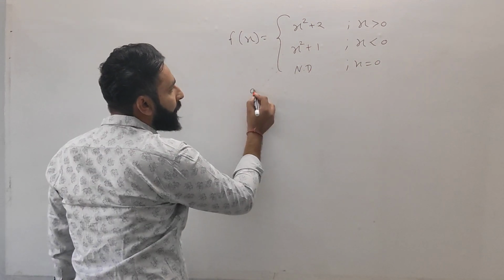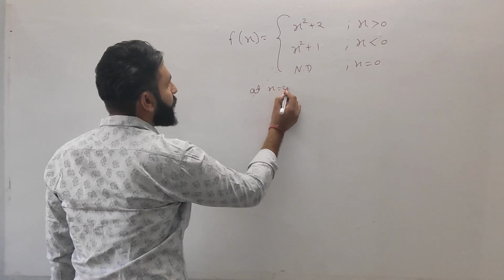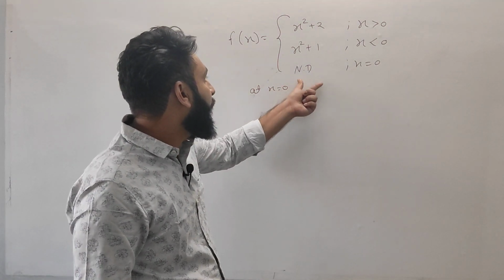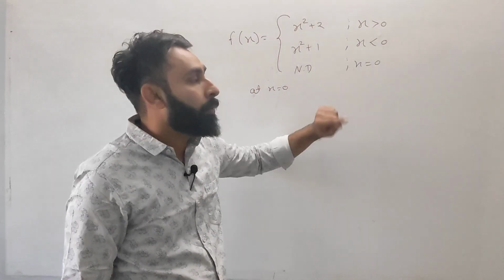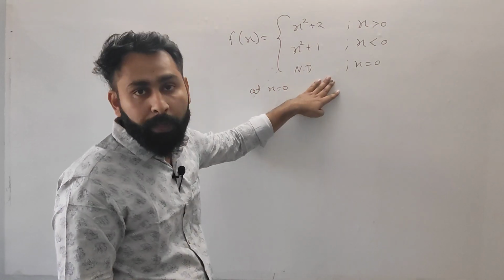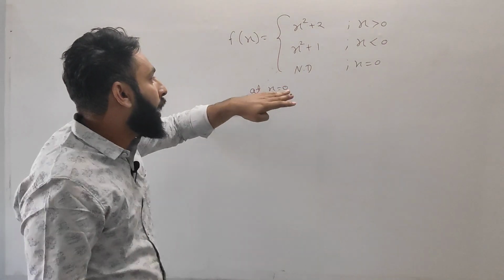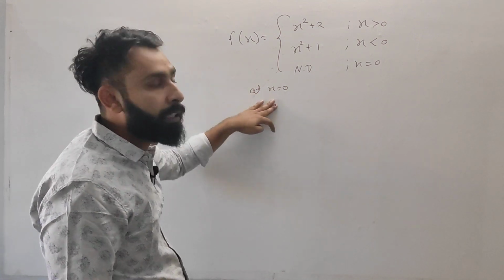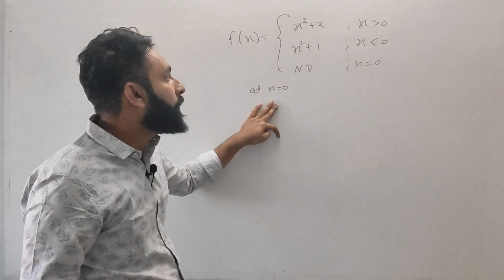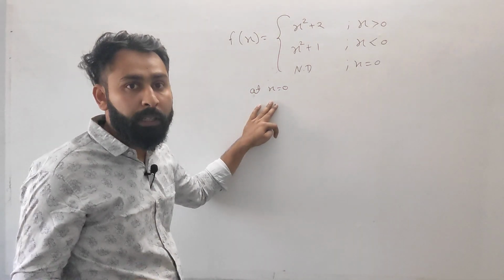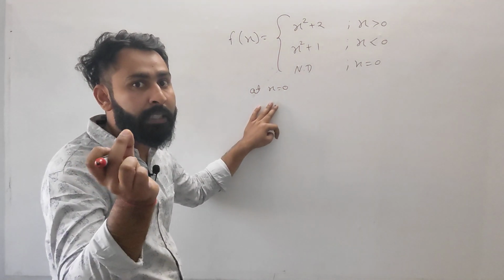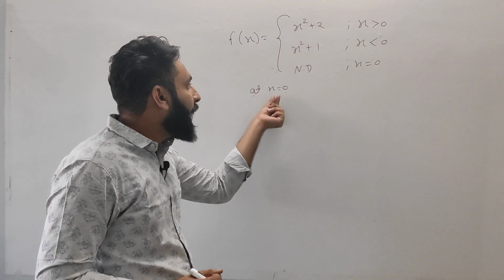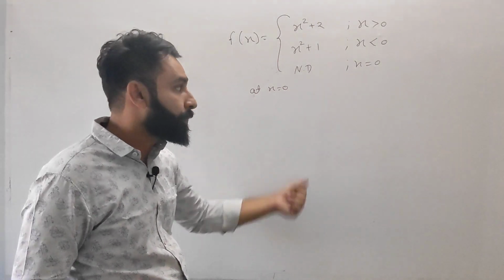We have to check the limit at x is equal to 0. In this case, we clearly see that the function at x is equal to 0 is not defined, but 0 is not a point of the domain. Then we also calculate the limit at that point, because limit does not need the function to be defined at that point. Limit is always defined near the point at which we calculate.